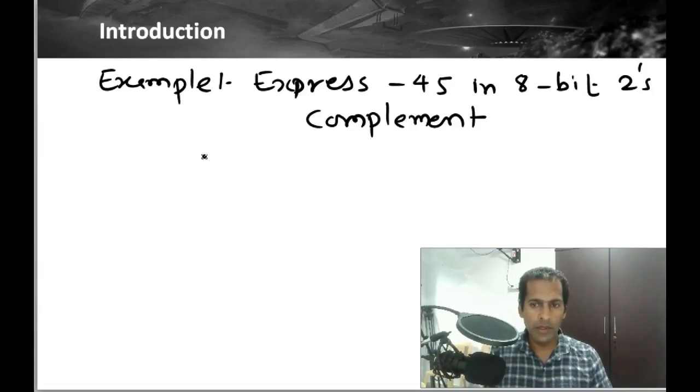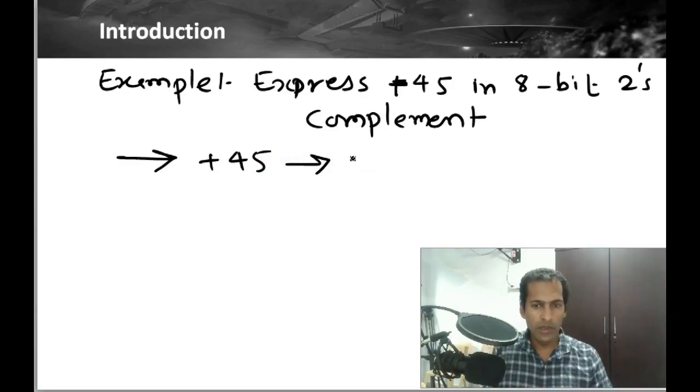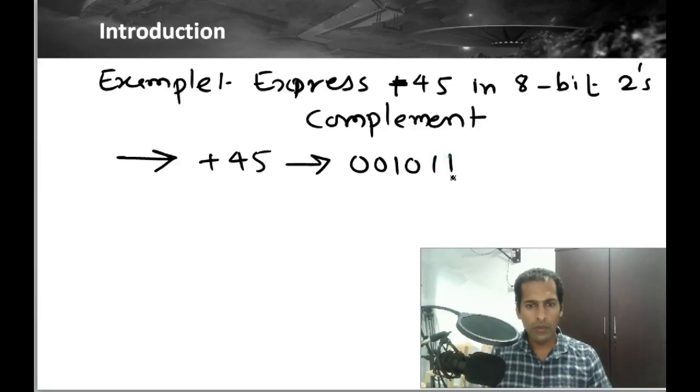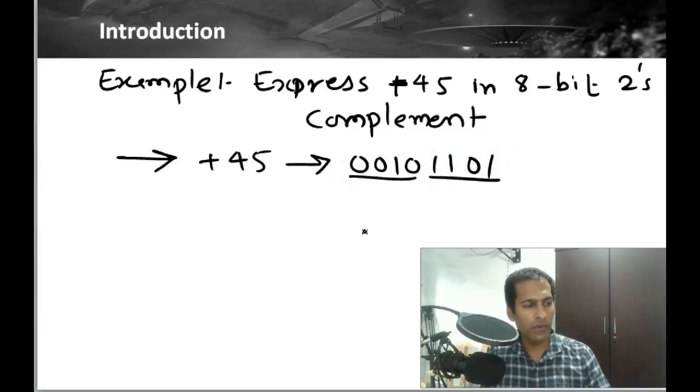Now first thing, in 8-bit form, -45, sorry, plus 45, it's a shift example, minus is given. How plus 45 is written, first I will show you. Plus 45 is given 0 0 1 0 1 1 0 1. So this is for 45.